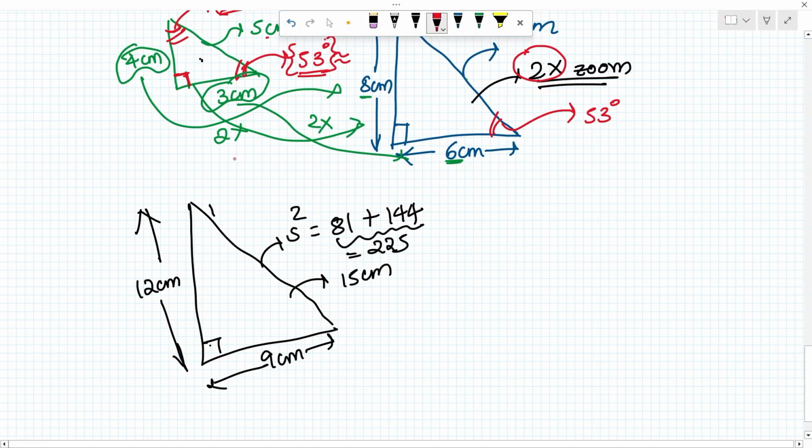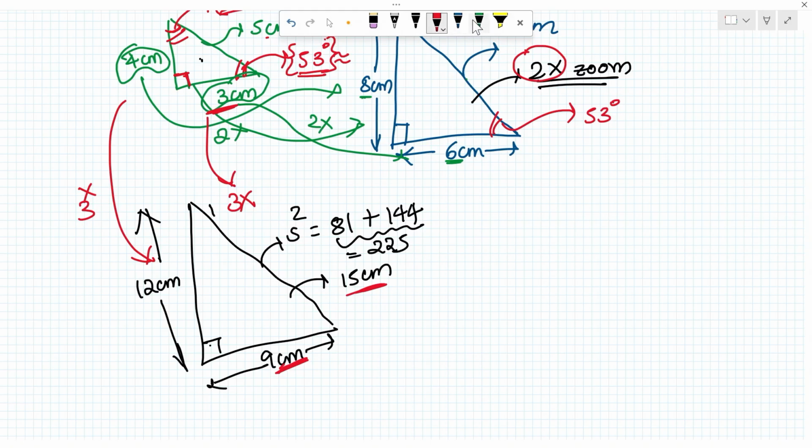So it's just like a 3x zoom of the first triangle. You multiply 4 by 3, 3 by 3, and the hypotenuse 5 by 3 to get 15 centimeters.